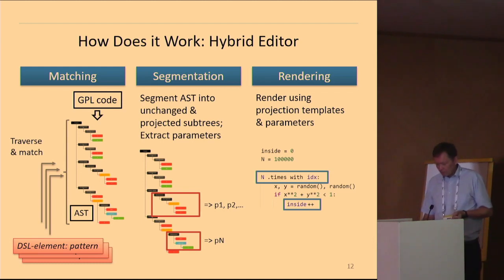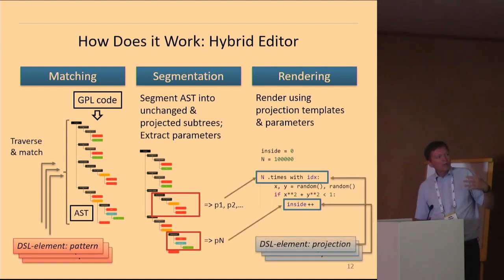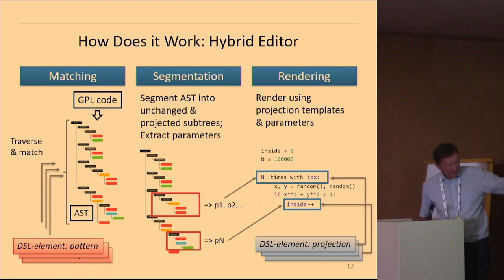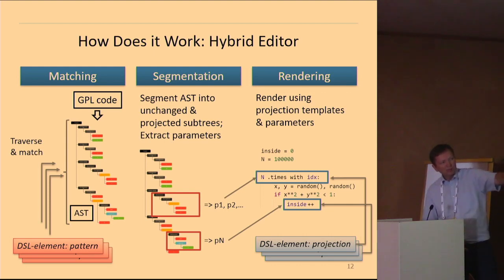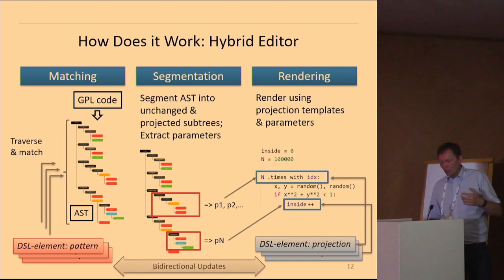So essentially, for each DSL element, we are matching the corresponding AST part in the source code. We are extracting the parameters. We are taking the web component and rendering this. And then when some edits take place, we are updating back the AST, and then the whole cycle repeats.